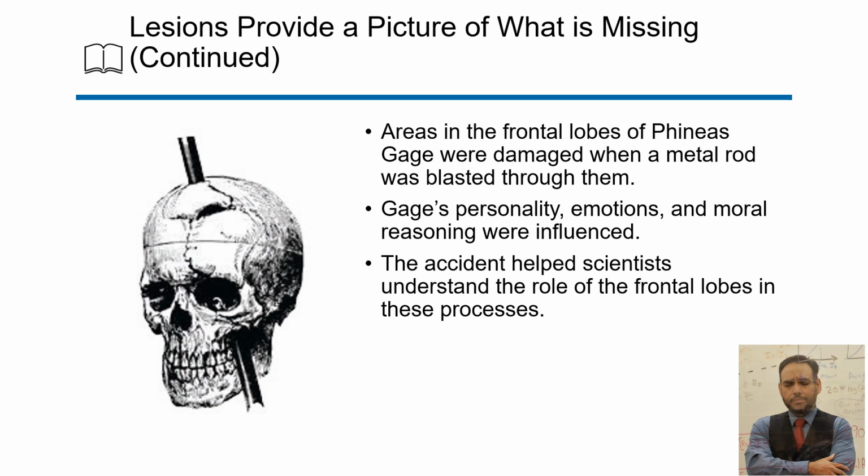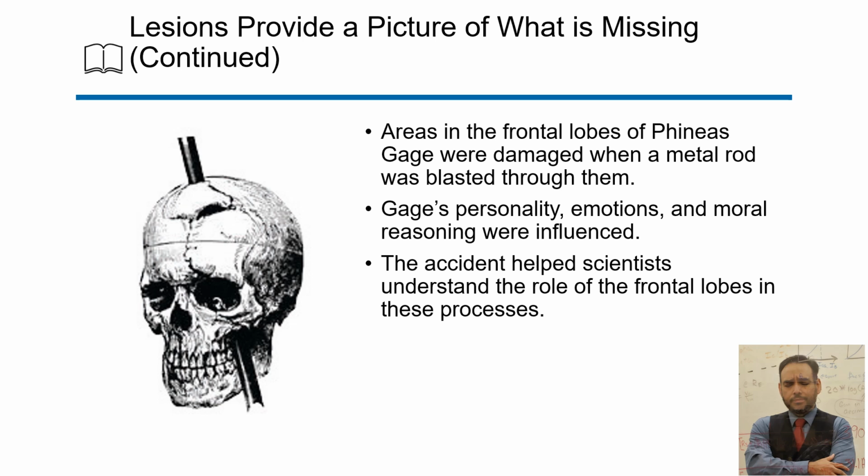He was a railroad construction foreman in the 1800s, and his accident is actually quite famous. An iron rod was accidentally driven through his skull, going through his left cheek and out the top of his head. He didn't die. He survived, and he had this very severe injury.